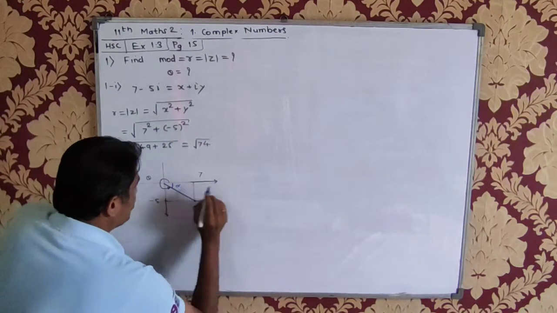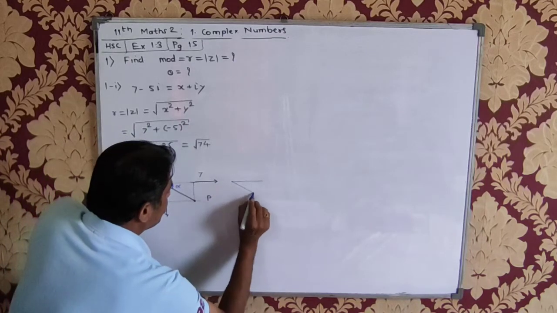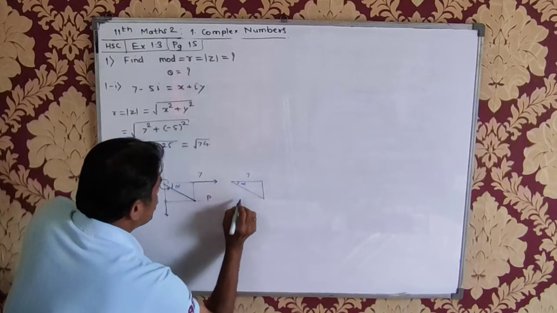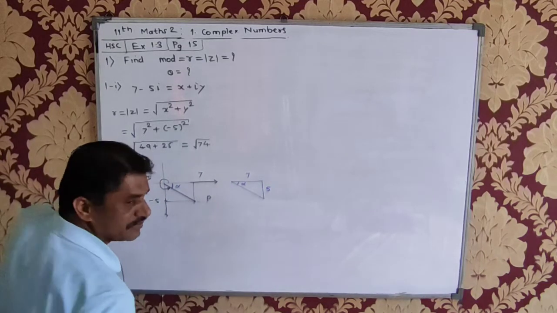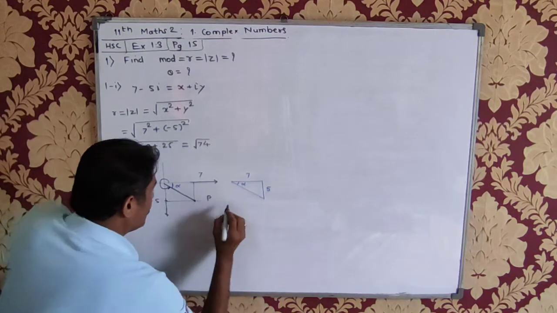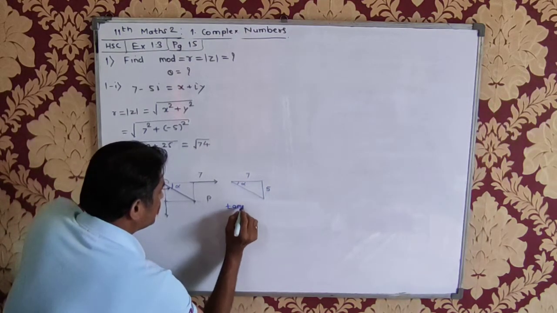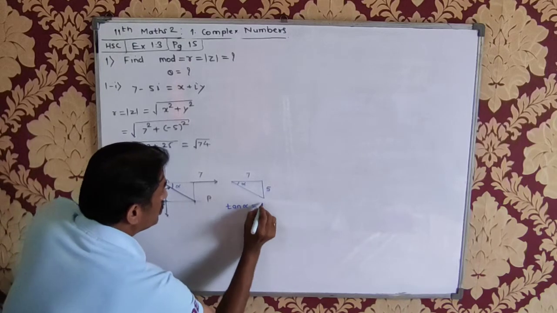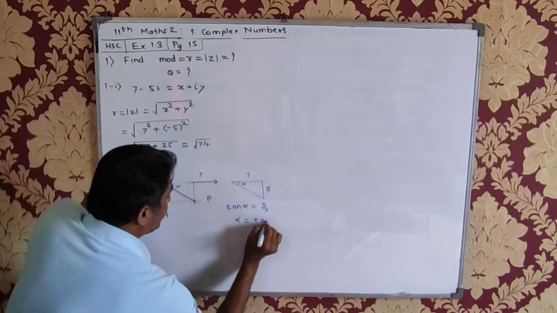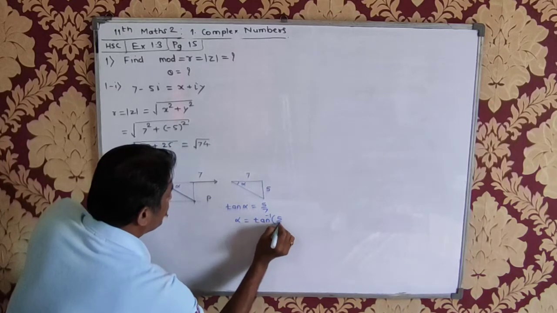If I consider this alpha, this dimension is 7, this dimension is 5. So tan alpha is equal to 5 by 7. So alpha is equal to tan inverse of 5 by 7.